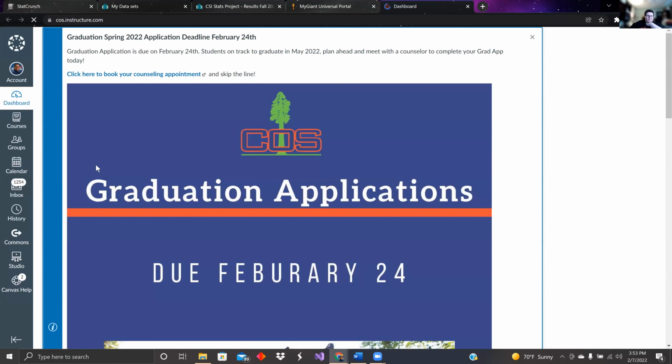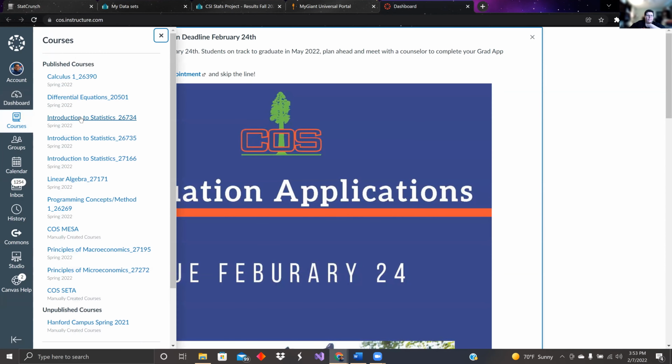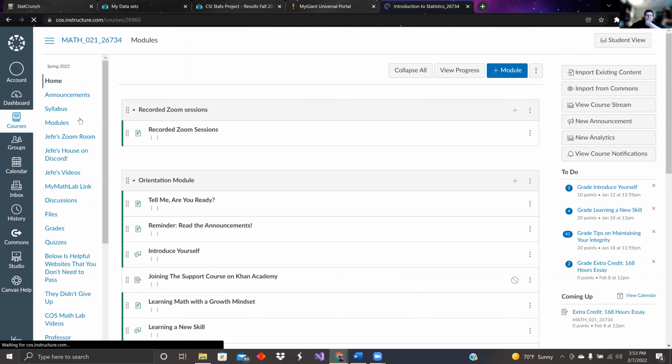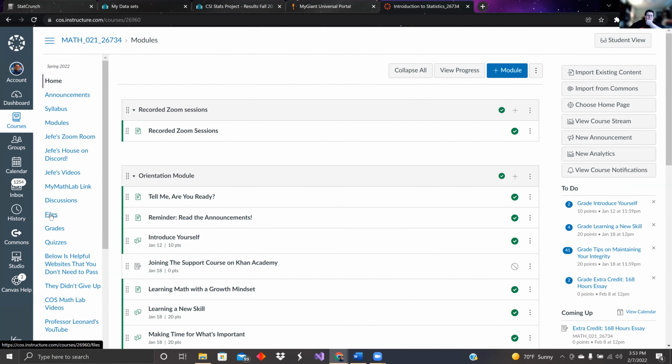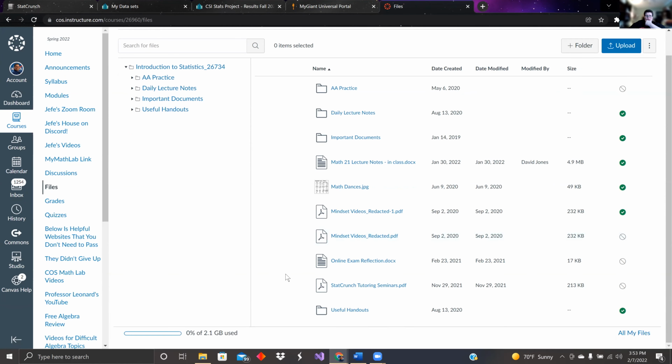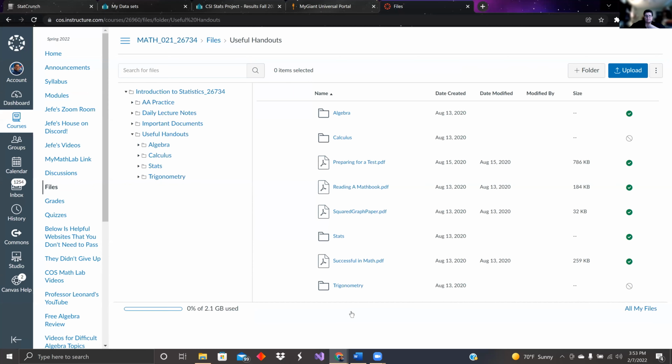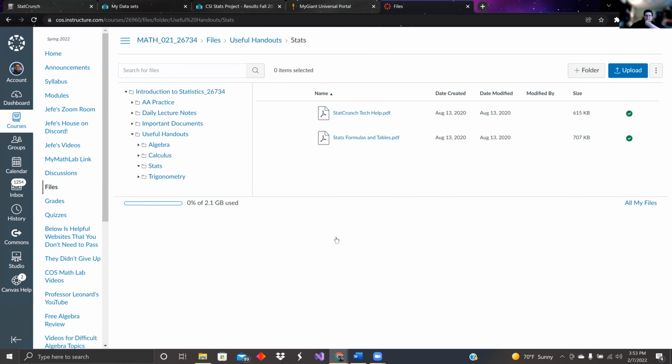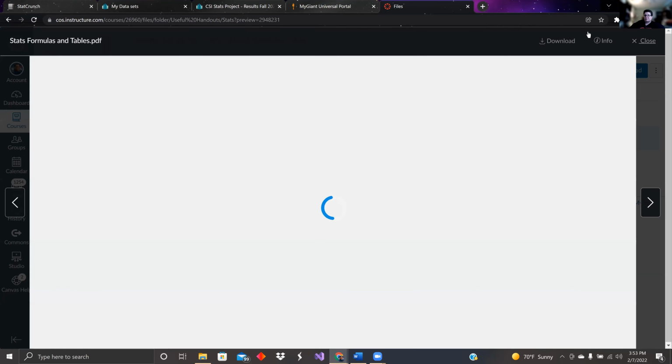And I'm going to pick one of the stats groups. I have 3 stats classes, but they all are set up the same. You go into files and you go into useful handouts and stats. It's in stats, formulas, and tables.